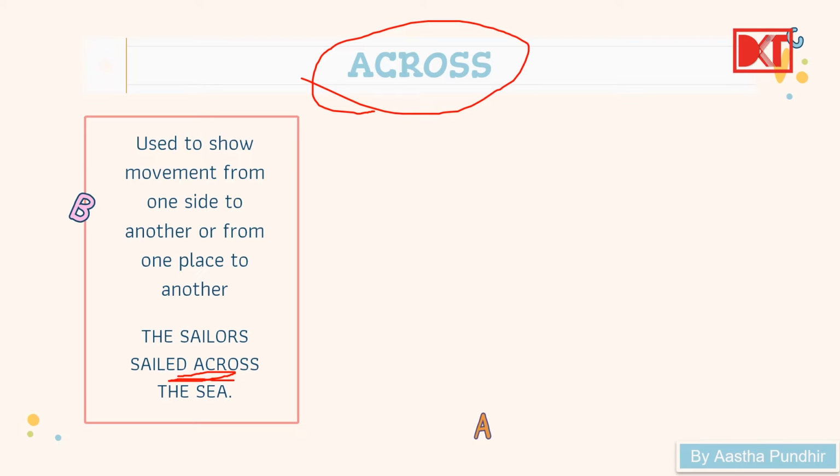Across the sea. ये sea है, okay? Although इतनी छोटी नहीं होती है sea, but let's imagine this is the sea. So from this land to this land, the sailor sailed across. मतलब एक place से दूसरी place तक they sailed. Okay?